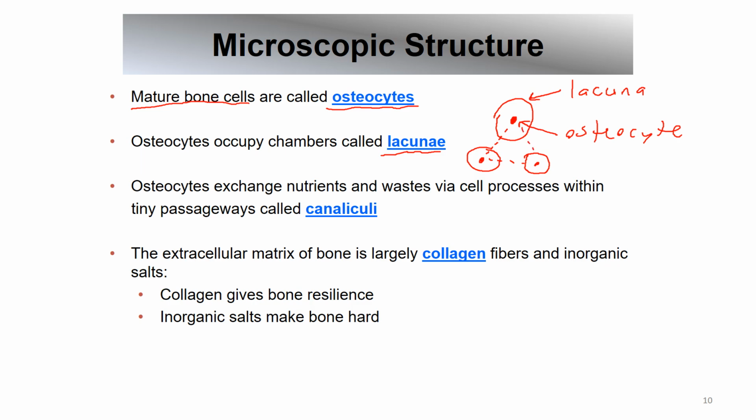And so these canaliculi are used to exchange substances, materials between the osteocytes. Then know that in addition to calcium and other minerals, bone contains many collagen fibers. So the collagen gives the bone resilience, and then the inorganic salts, meaning the minerals, make the bones hard and strong.